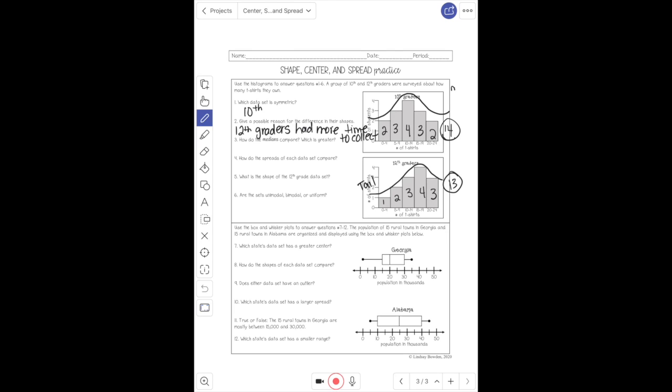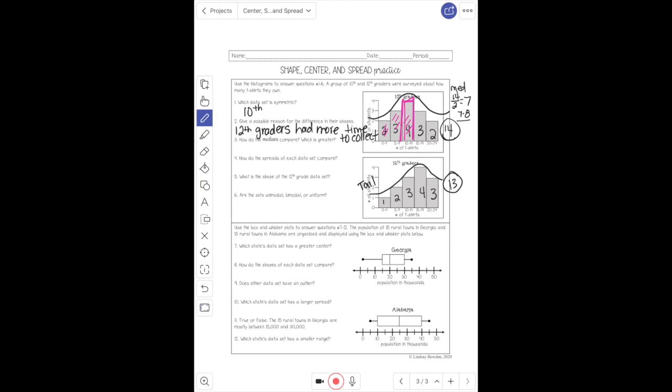Okay, so if I'm thinking about the median here, 14 divided by 2 would be 7. Because it's even, it would fall between 7 and 8. So I'm going to count up until I get between 7 and 8. I'm going to use a pink here. So I have 1, 2, 3, 4, 5, 6, 7, 8. So it falls in this 10 to 14 range for the median.